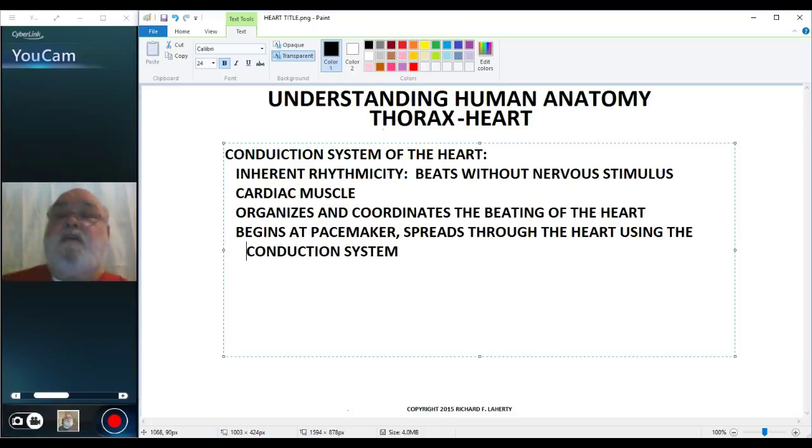So, let's take a look at the components of this conduction system.